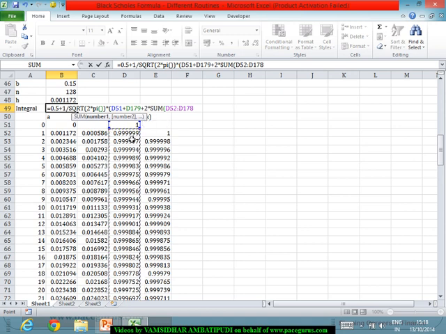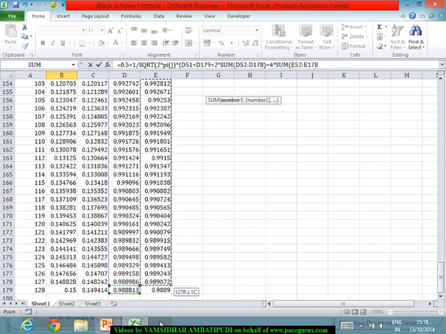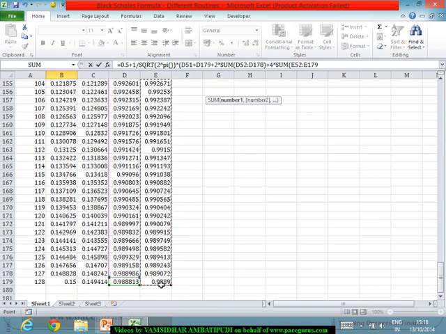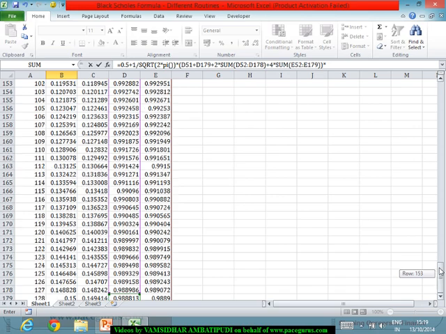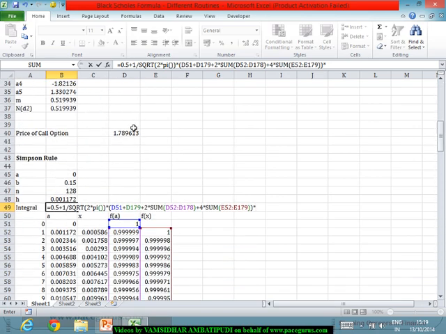So all these plus 4 times the summation of f of x1 to xn. All these summations need to be multiplied by h and divided by 6.